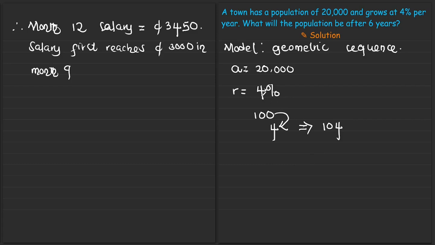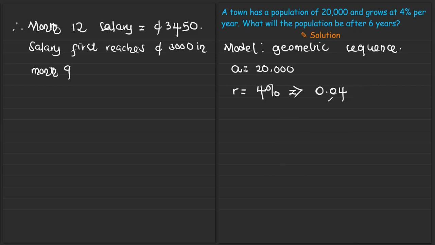So in terms of percentage, we have 4% here. If you change this into a decimal, it is actually 0.04. But we want to add the initial population, so that we get the initial population plus the growth that is actually taking place. So we don't settle with what? The 0.04.